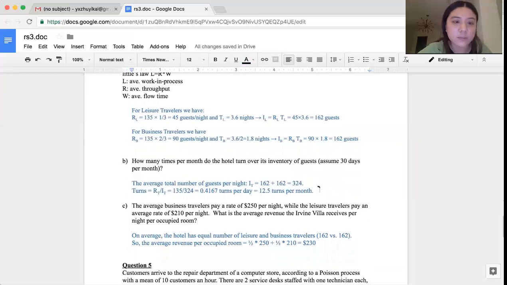After we calculate this, let's look at question B. How many times per month does the hotel turn over its inventory of guests? Assume 30 days per month.